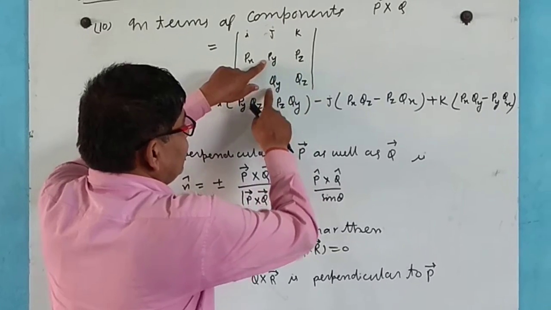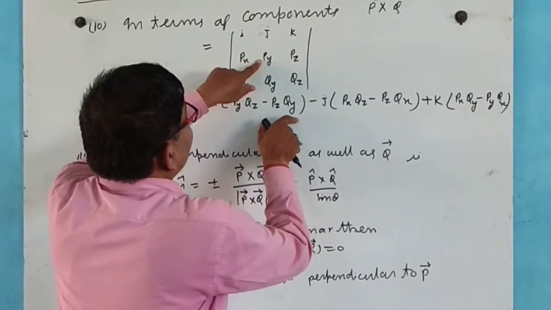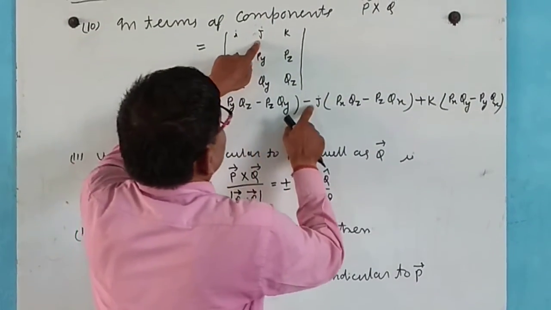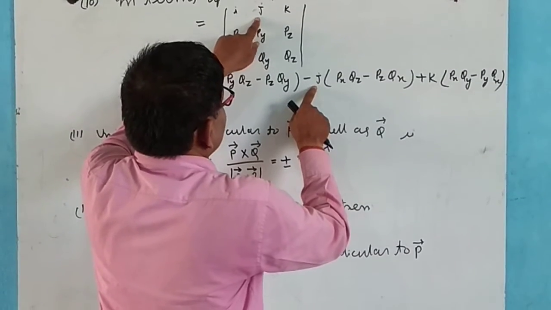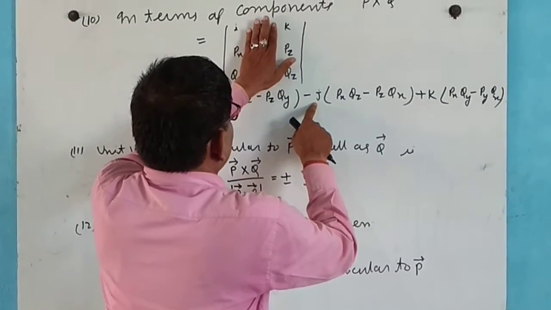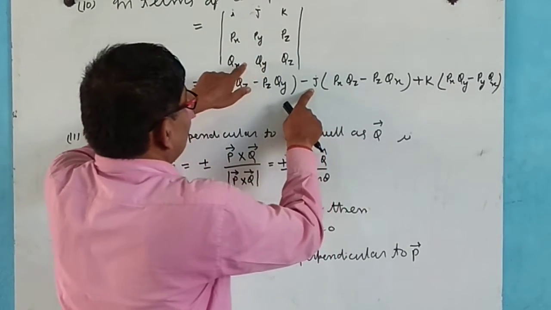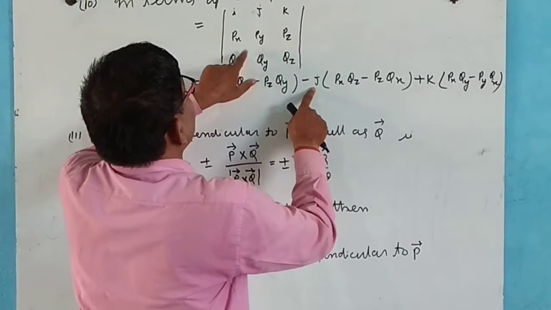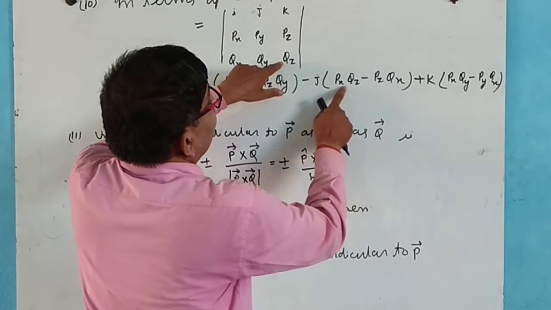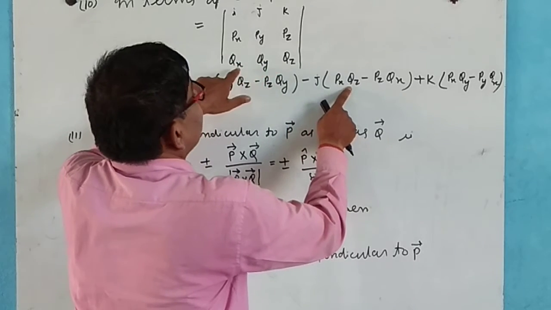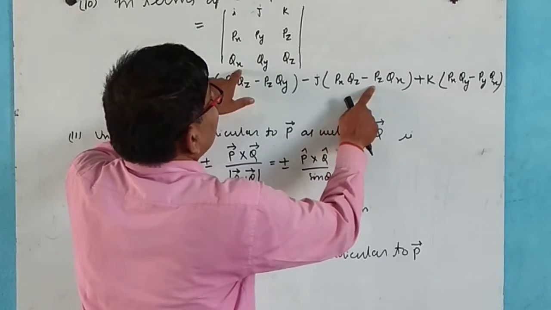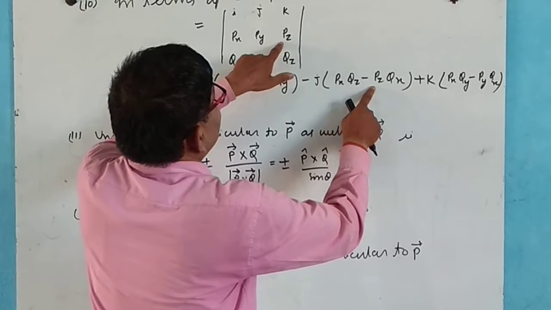Then for j, with a minus sign, remove these terms: Px Qz minus Qx Pz.